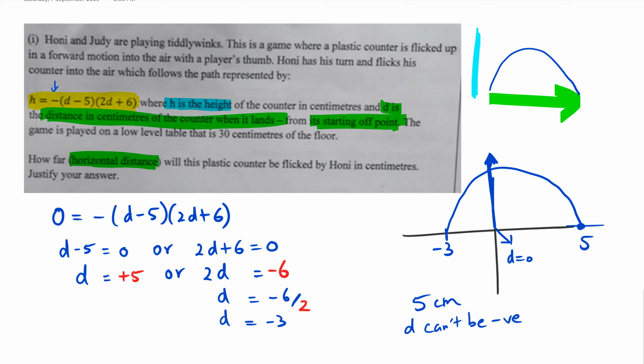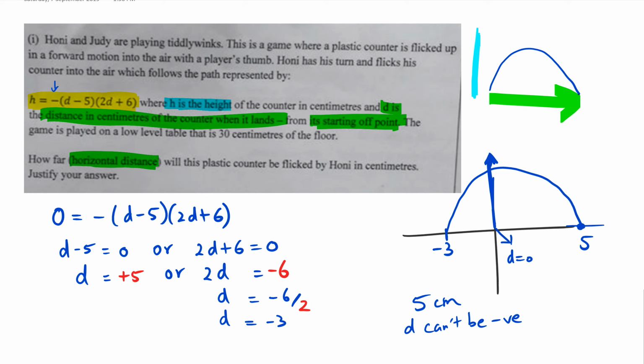Yeah, it's a strange little question, but I did see a question like this, I think in 2017, pretty much a similar type of question. Whenever you get a word equation like this, I'm betting there's a follow-up question where they give you the height and you have to work out the distance.